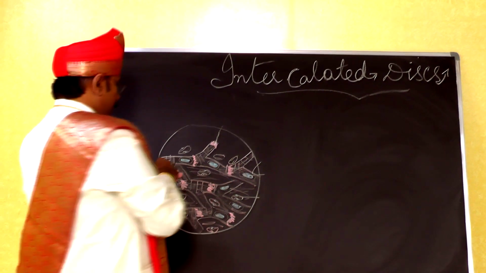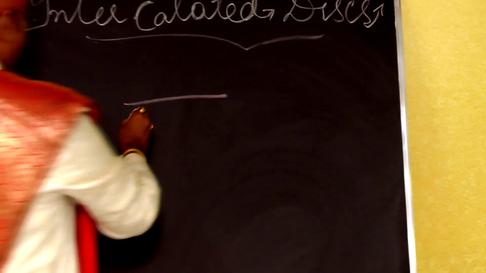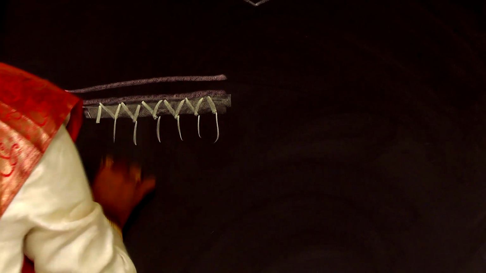Now please observe, here we have got the cell membrane of one cardiac myocyte. Here we have got the cell membrane of another cardiac myocyte. And here we have got the cytoplasm. This is the dense cytoplasm of one cell. And these are the ends of the actin filaments, right?